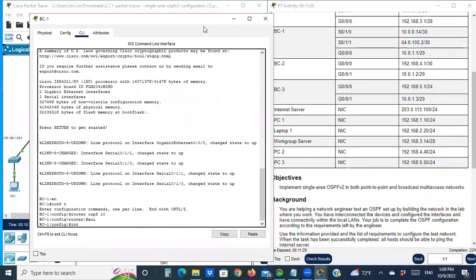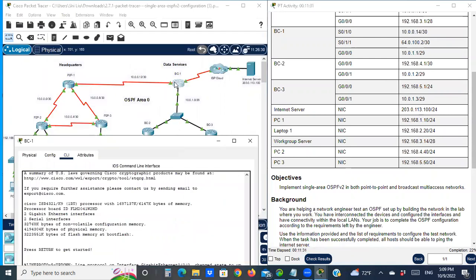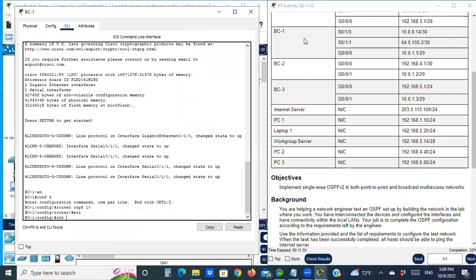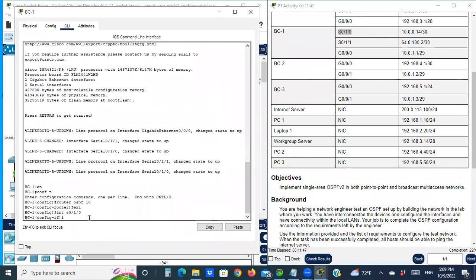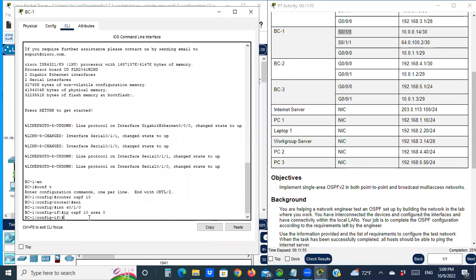There are 3 interfaces. For BC1, Serial 0/1/0, ip ospf 10 area 0.